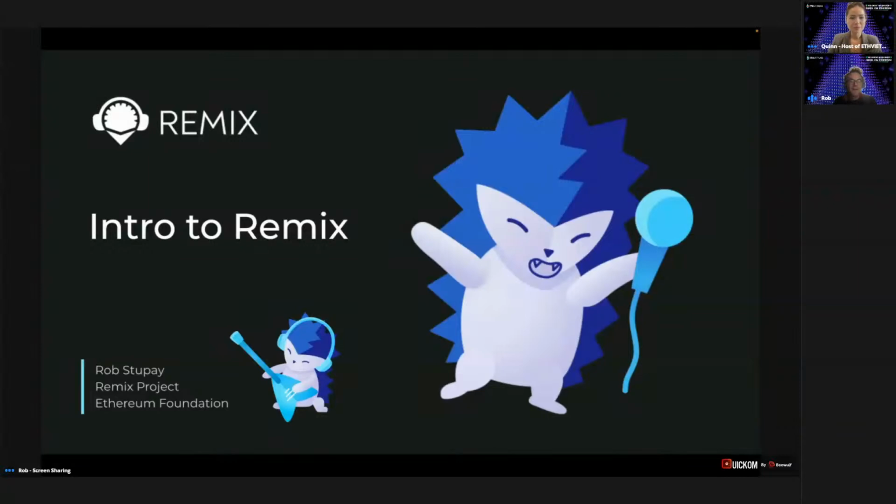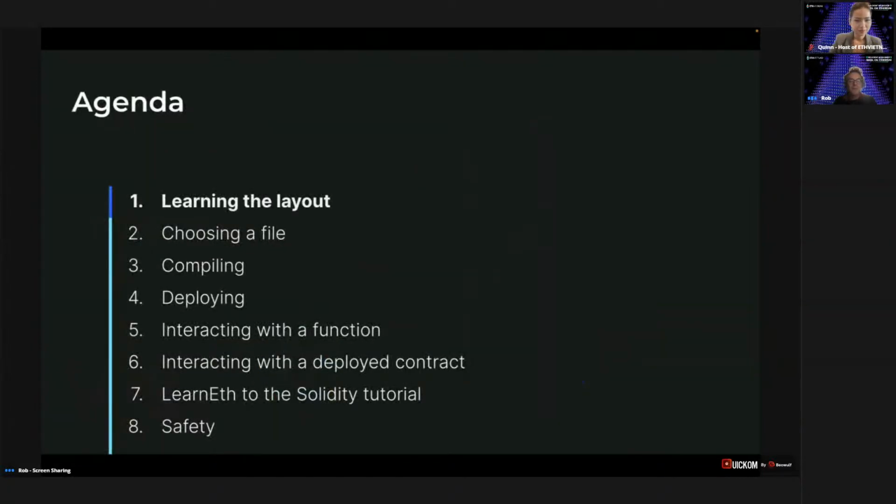Okay, so this is the intro to Remix. We're going to go through about 8 parts of Remix. First and most important is learning the layout, so that the vocabulary I'm using when I'm describing it, and in our documentation, is the same.